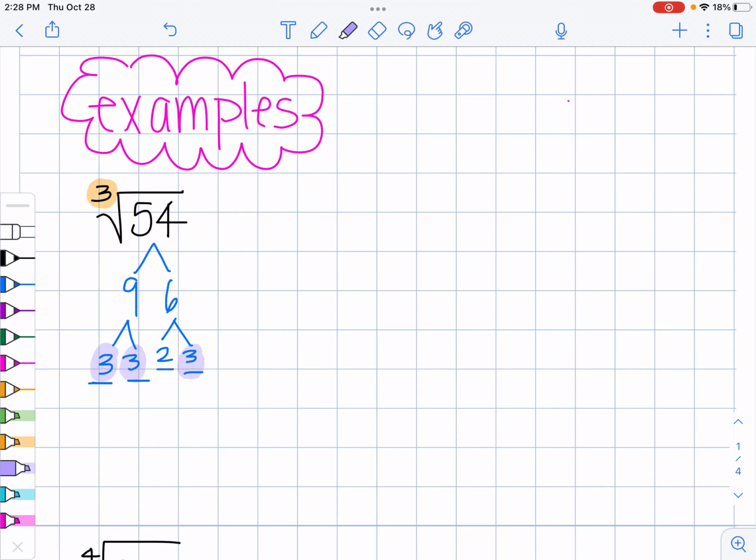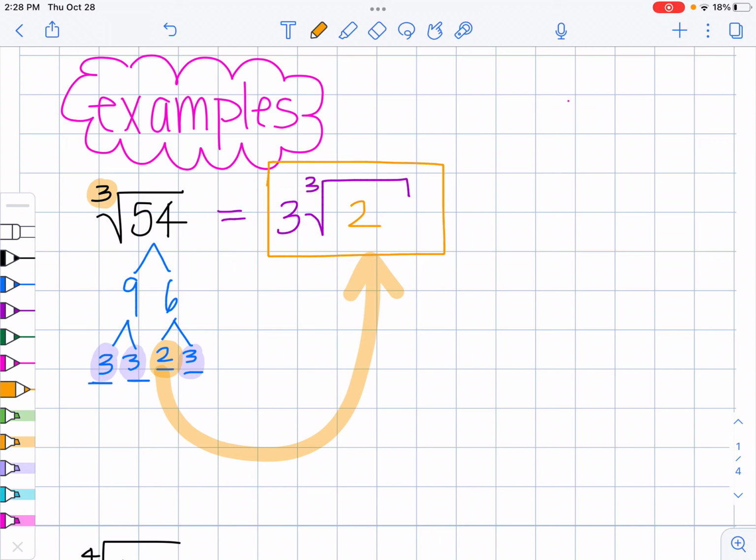Because I have 3 3s, I can remove a 3 from underneath my radical. And whatever doesn't have 3 of a kind goes back inside. So my final answer is 3 cube root of 2. Or cube root 2, not 2 though. 3 cube root of 2.